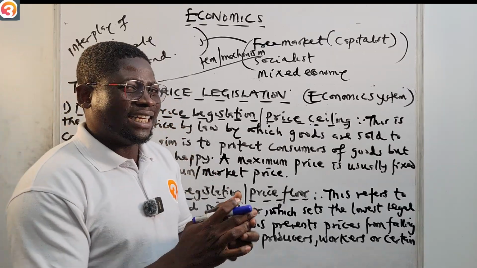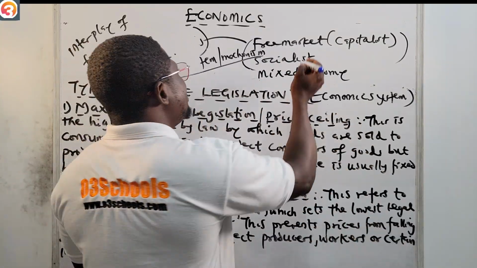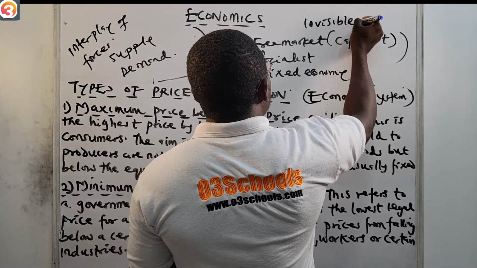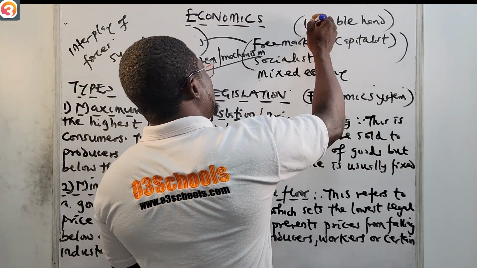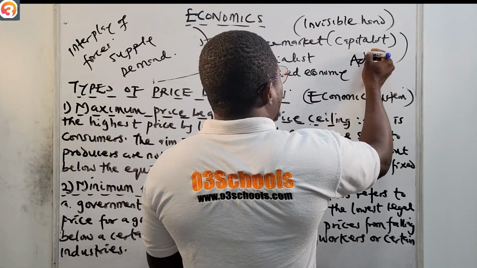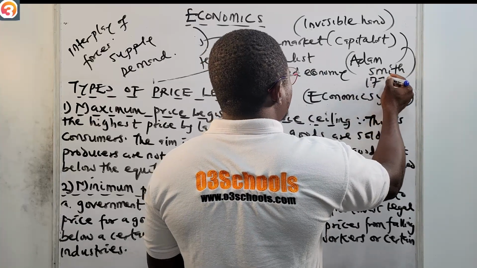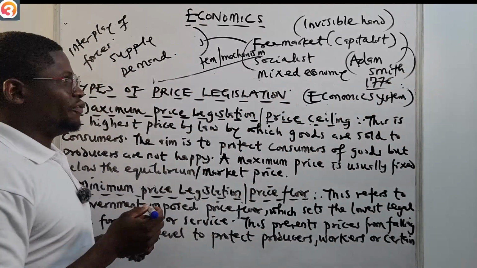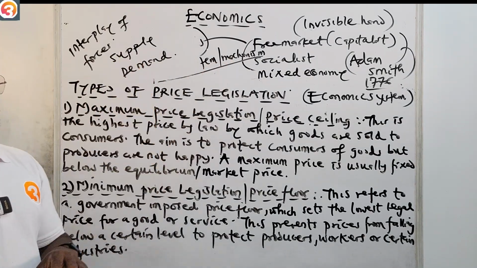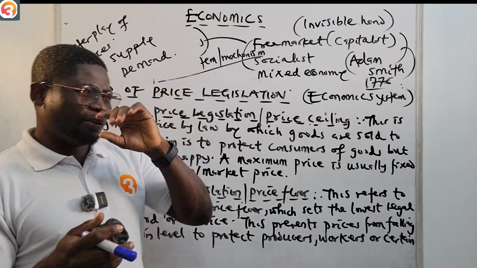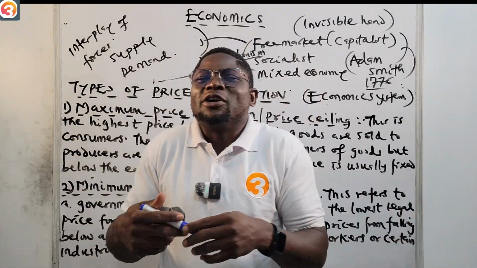And Adam Smith, in his book Wealth of Nations, which he wrote in 1776, described this as the invisible hand. You should try and read it up.